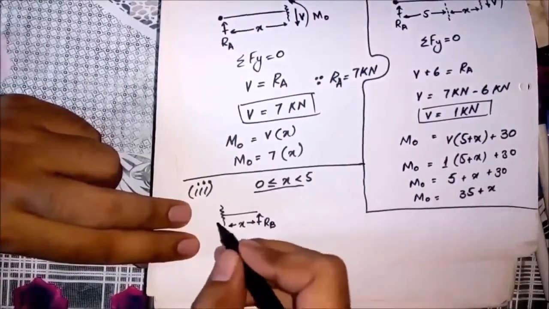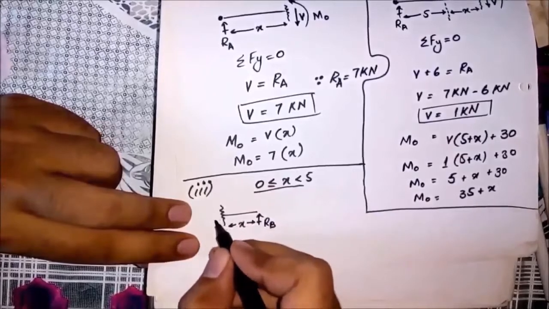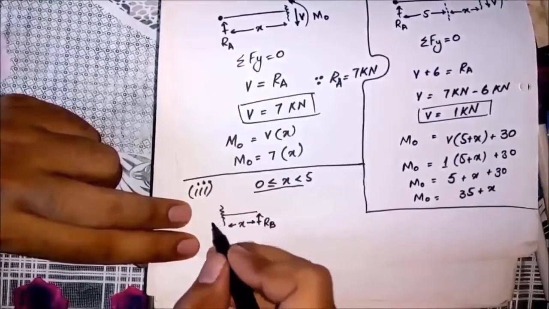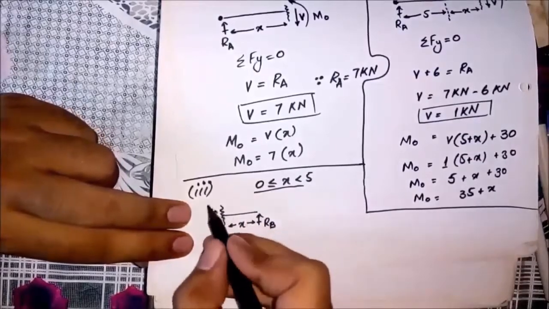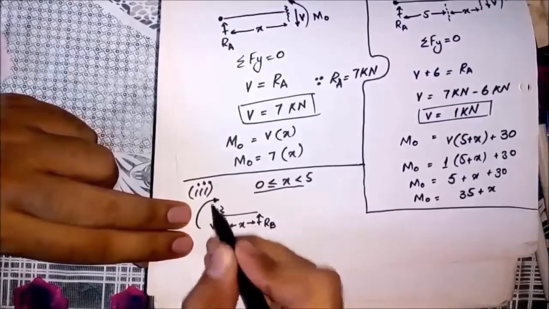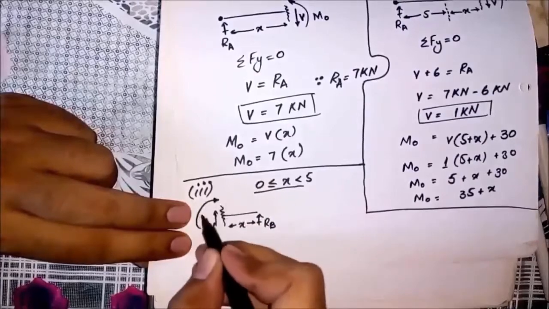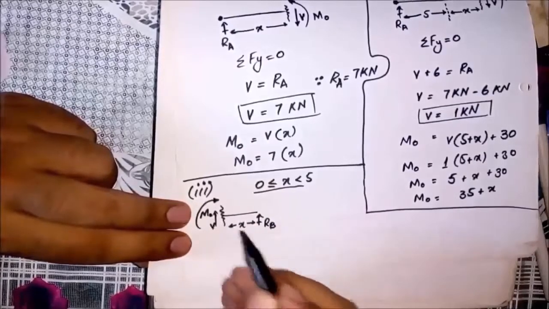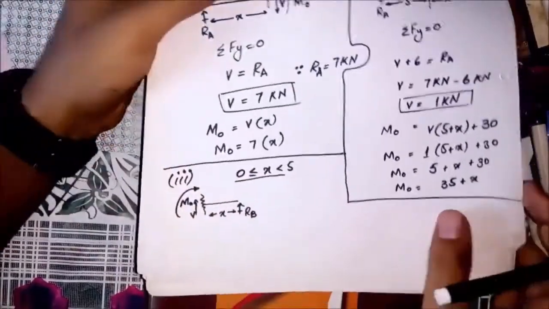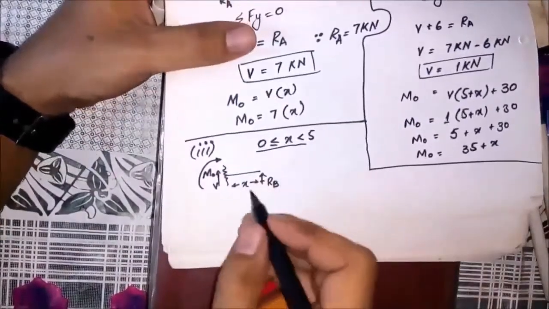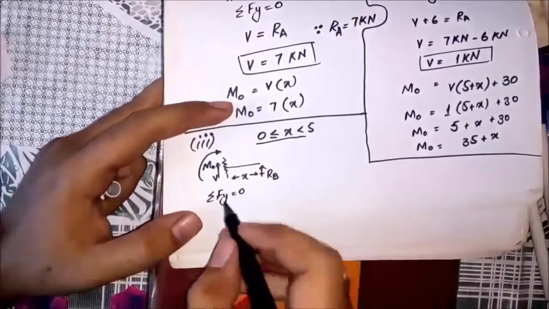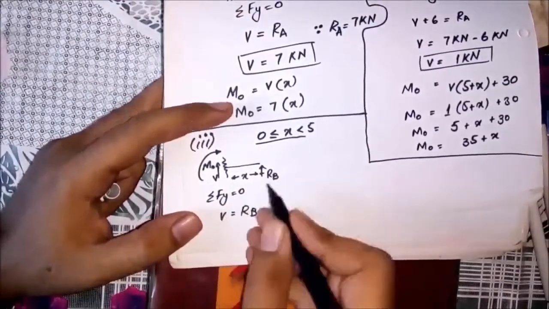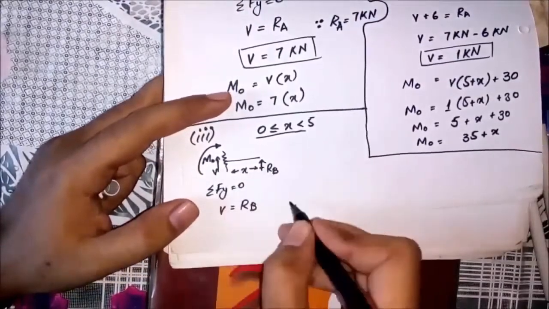Shear force will be positive if it is trying to rotate the beam clockwise, so I have taken its direction upward to make it positive. To make the bending moment positive, the direction of MO would be such that its arrowhead is on the upper face of the beam. Now apply the equations of equilibrium. We get V is equal to minus Rb.